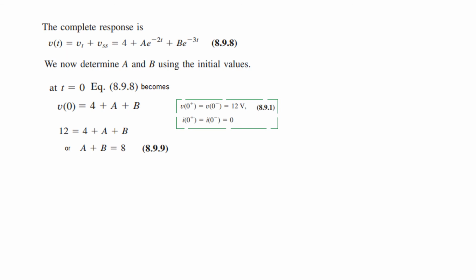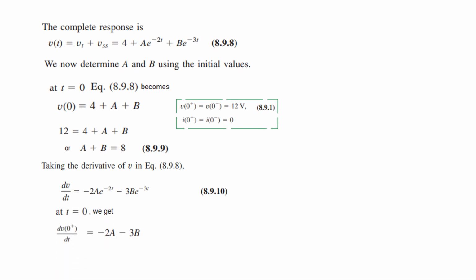Now to get the other equation, we have to differentiate this, as we have been doing in the case of a series circuit and parallel circuit as well. So we take the derivative of V, and taking the derivative of this, we get minus 2A e raised to the power minus 2t and minus 3B e raised to the power minus 3t. And now we put t equal to 0. So this will become dV(0)/dt, and from here we get minus 2A, and from here we get minus 3B.